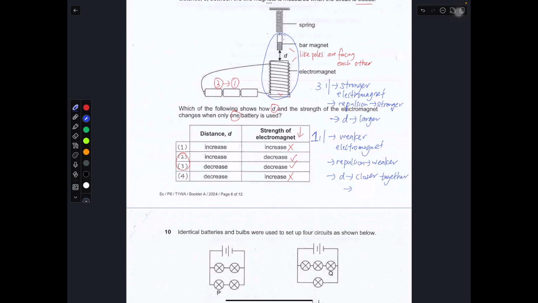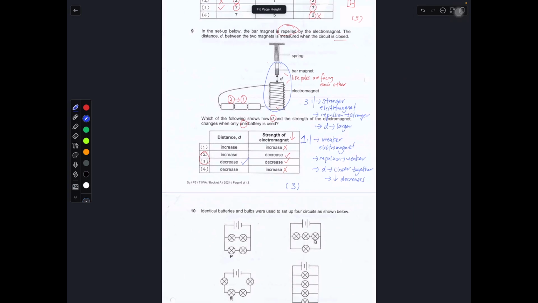So we are trying to suggest that D actually decreases, if you think from this train of thought. Therefore number 3 would be the correct answer in this case. So that will be the answer for question 9.